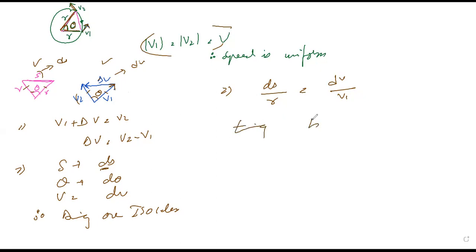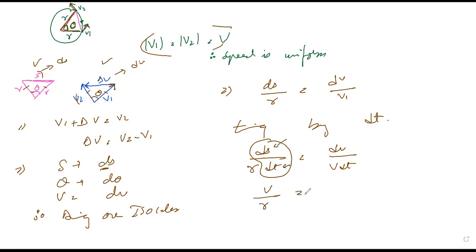Now dividing by time dt, ds divided by r dt is equal to dv divided by v dt. The change in displacement divided by time is velocity, so v divided by r is equal to the acceleration over v. And dv by dt is simply the acceleration. This implies acceleration is equal to v squared over r.